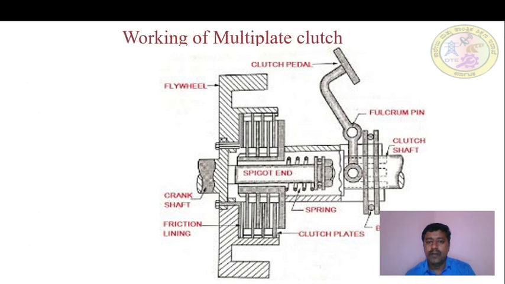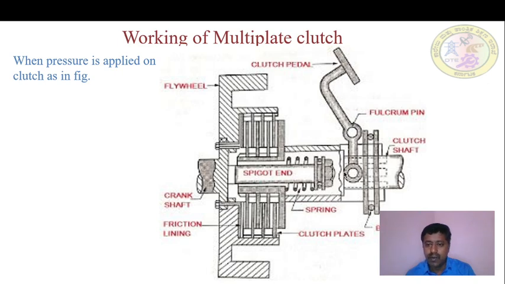Now, working of multiplate clutch. When pressure is applied on the clutch, see here, because of this fulcrum pin arrangement, this portion tends to move anti-clockwise, or towards this direction.